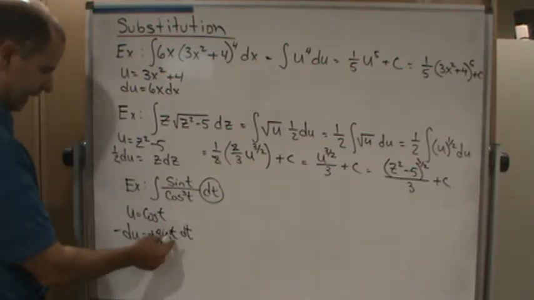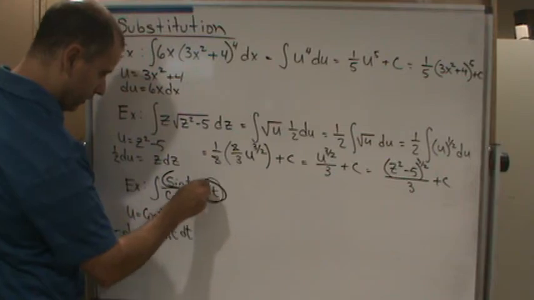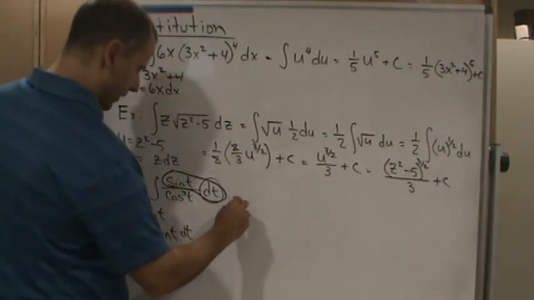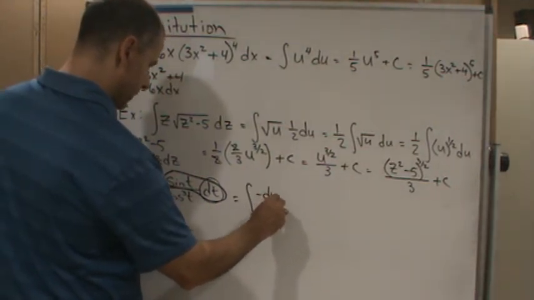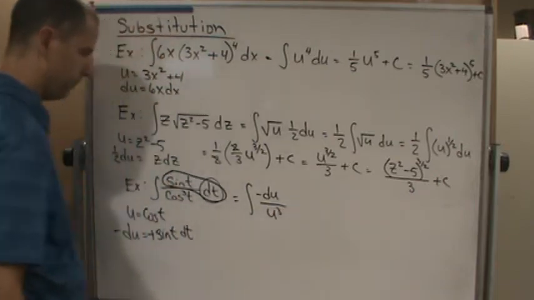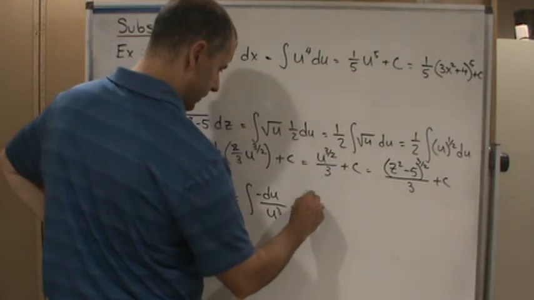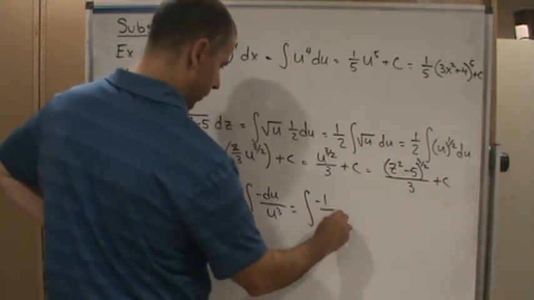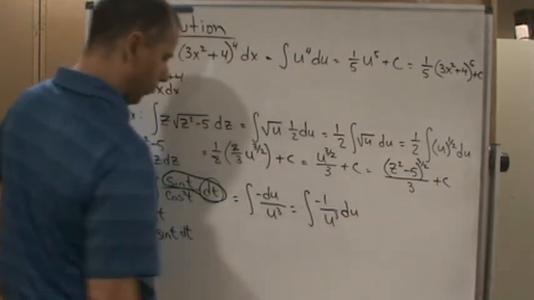And now I've got sine t dt right here is equal to negative du. So guess what? Now I can rewrite my integral as negative du over u cubed. Or, if you want to write it this way, as -1 over u cubed du.